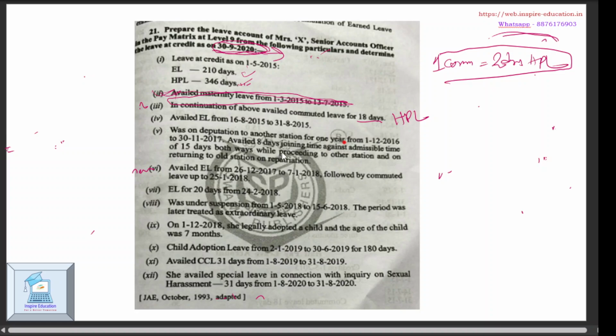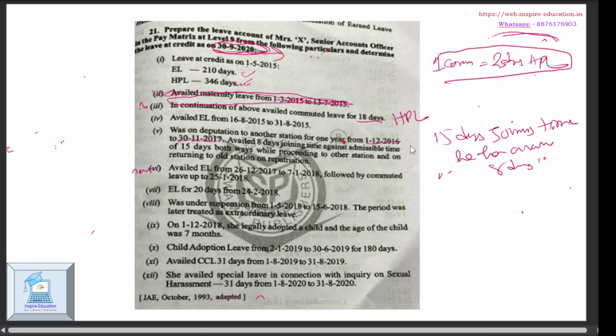Okay, so it says that on 1/12/2016 he has gone for deputation and he has returned to the parent division or parent office on 30/11/2017. In both ways, instead of 15 days joining time he has availed only 8 days.